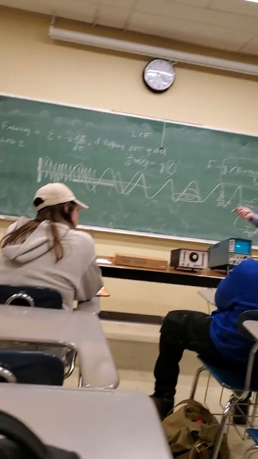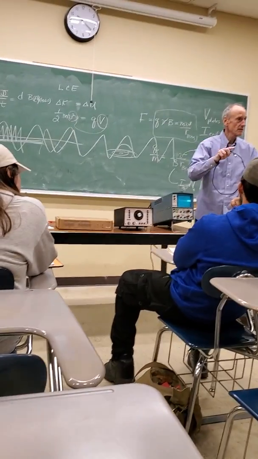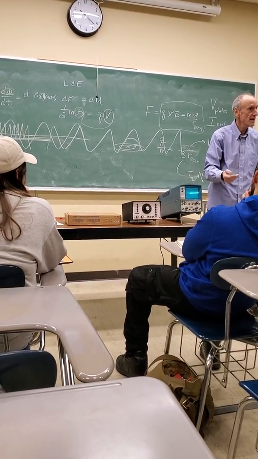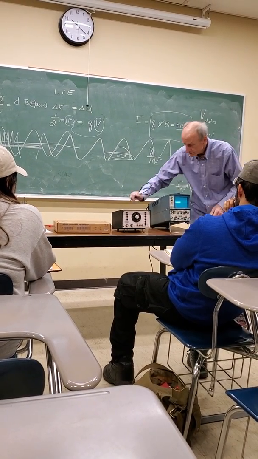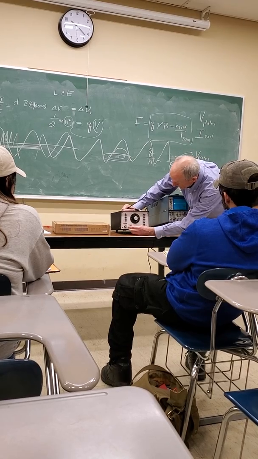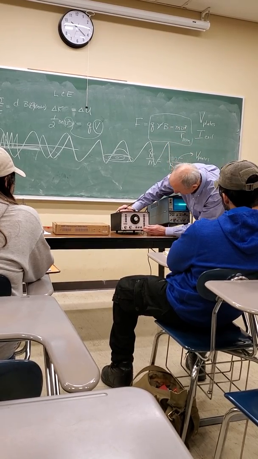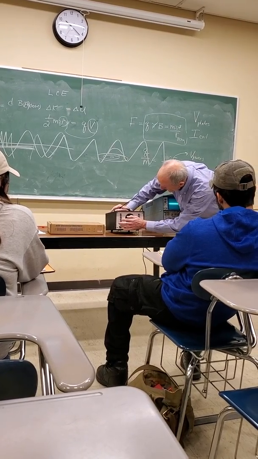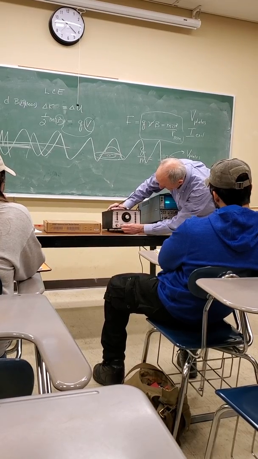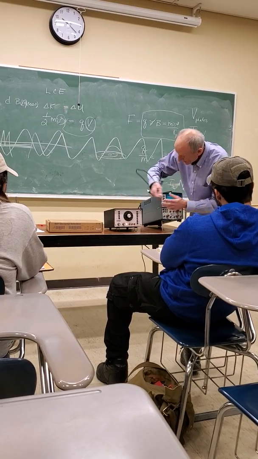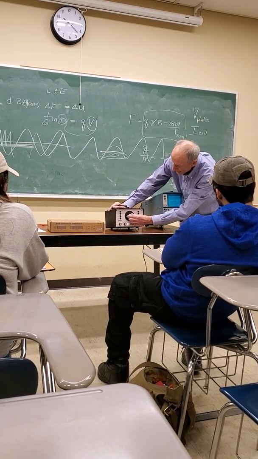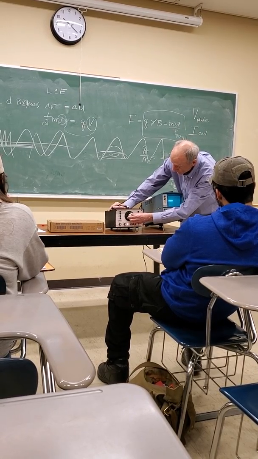But if I have a battery, it just gives me a direct voltage, which is static. So we have these things called function generators, which will generate oscillating voltages. And this will dial the frequency at which it oscillates.